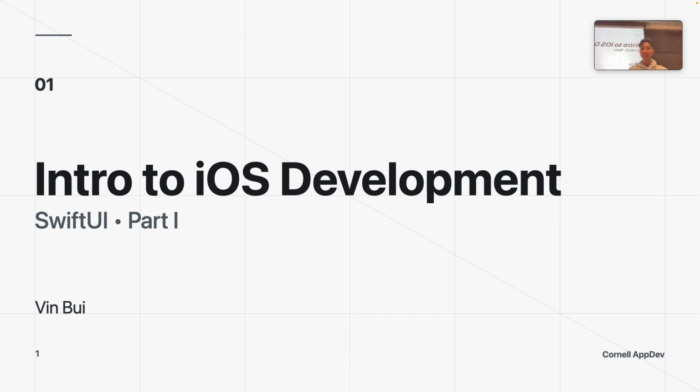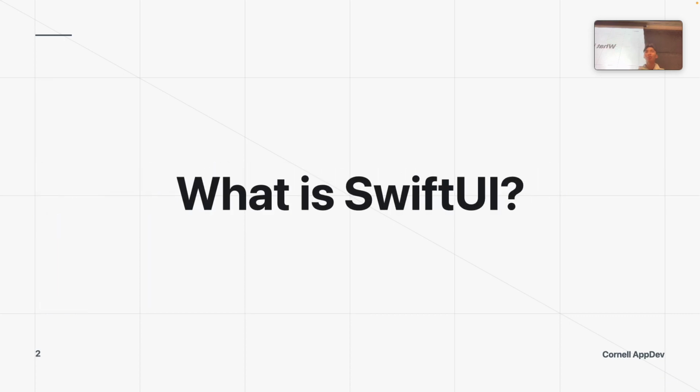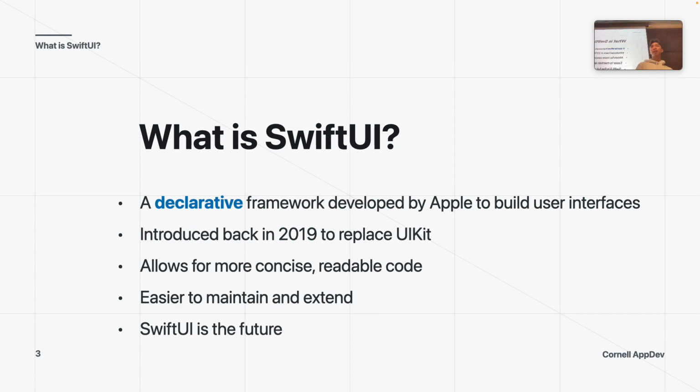But anyways, let's take a look at what is SwiftUI. SwiftUI is a declarative framework that was introduced by Apple to allow you to build your user interfaces. It was introduced back in 2019 as a replacement for UIKit, which is the framework that y'all have been working with in the past few weeks. SwiftUI allows you to create more concise and readable code.